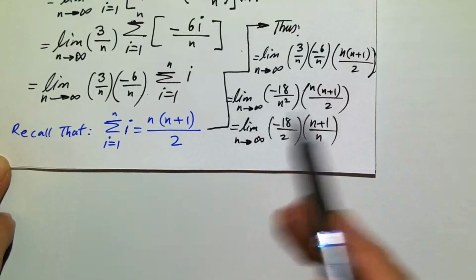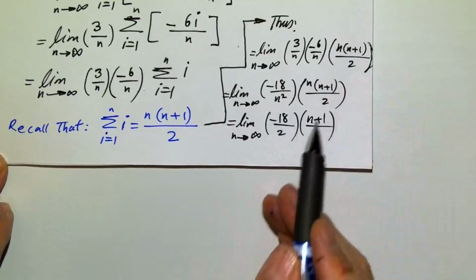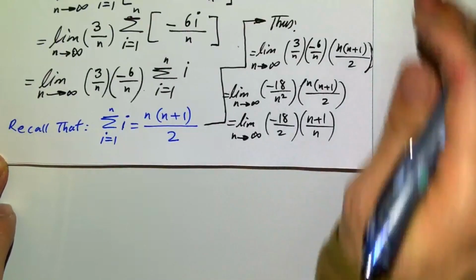That's after simplifying. This n squared is going to drop out, and that 2 becomes a denominator. So minus 9.